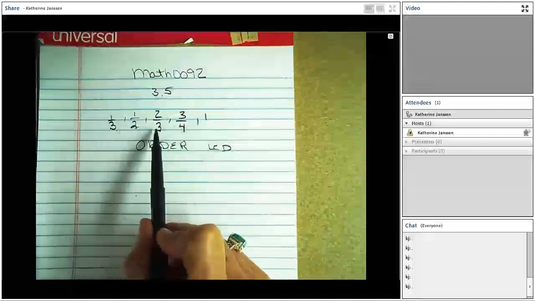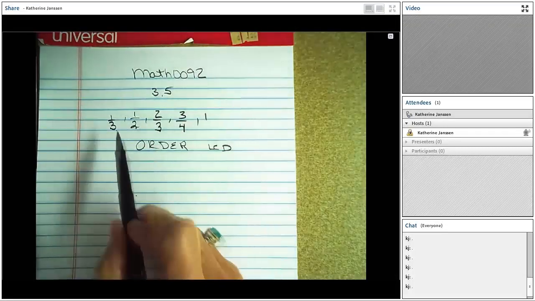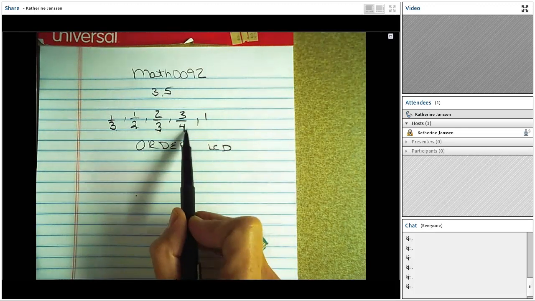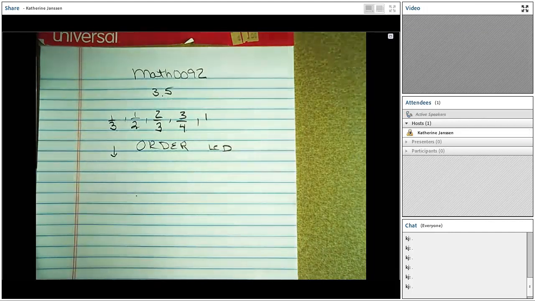They all go into 24. Let's see, 3 goes into 12, 2 goes into 12, 3 goes into 12, and 4 goes into 12. How about 12 as our common denominator?